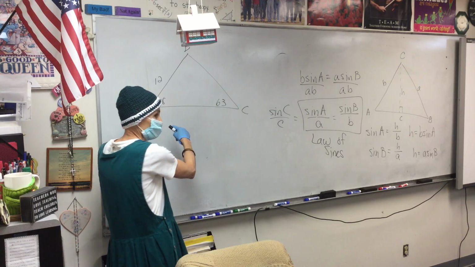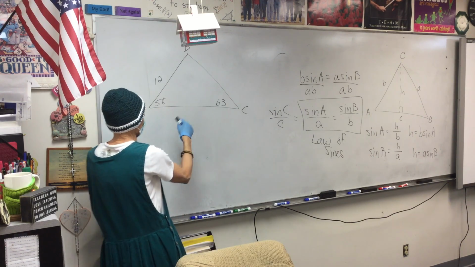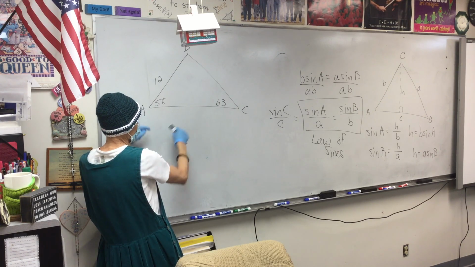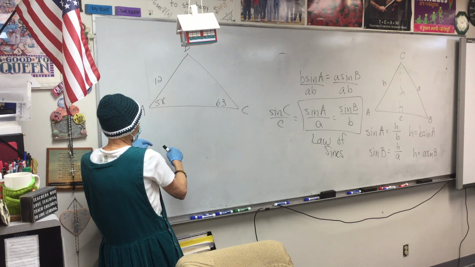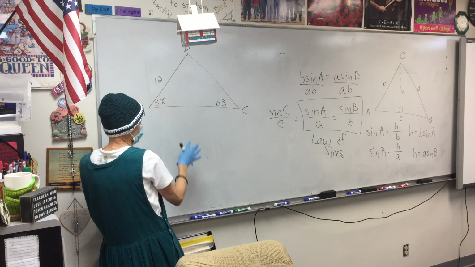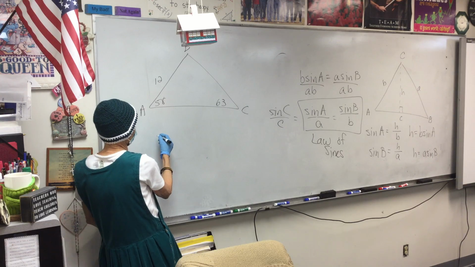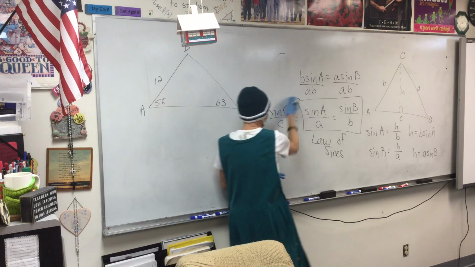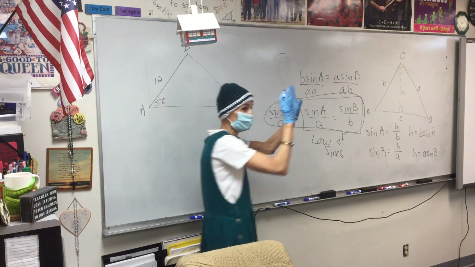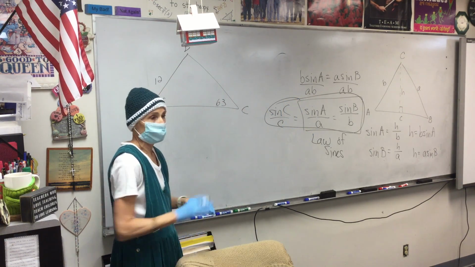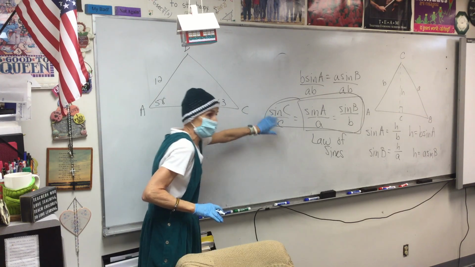So how would it work in our problem? Now you need to start writing this down, because now we're going to do this problem. We're going to solve this triangle right here. So how do you think this might look if we're going to use our law of sines? I'm just going to go straight to here. I'm not going to mess around with any more altitudes. I absolutely could, but I'm too lazy. Could I set this up for this?